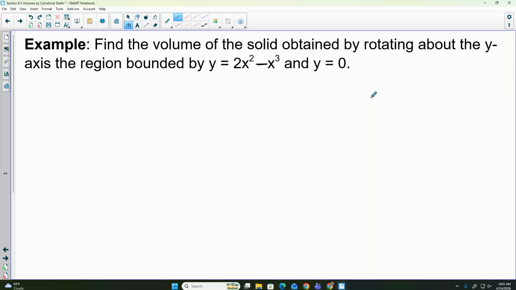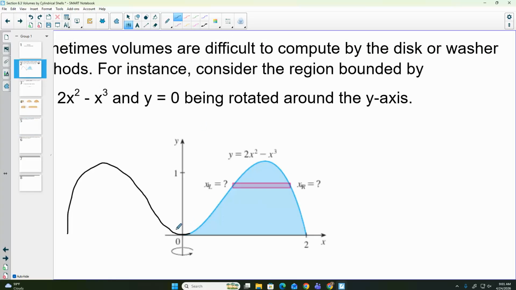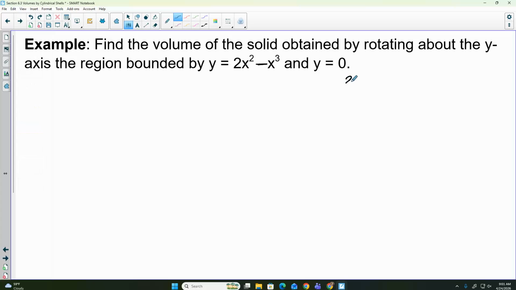Since we are rotating around the y-axis, we are actually just going to work in terms of x. This is a little bit opposite of what we were doing on the disc and washer methods. But rotating around that y-axis, we are going to work from our x's here. So if I wanted to find my x's, I need to know when my curves meet.